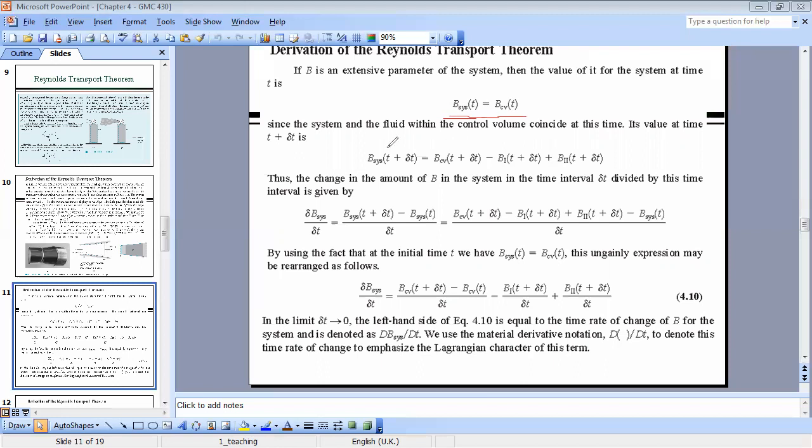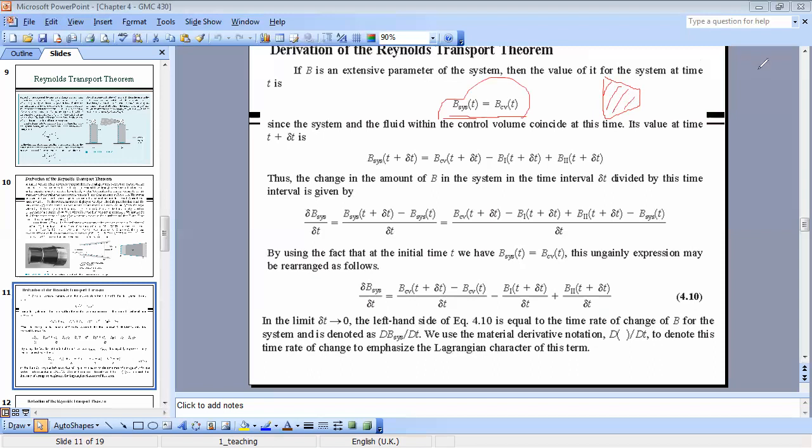Since the system and the fluid within the control volume are coincident at this time, we can start with this condition. But after a certain time delta t, this will not be true anymore. Why? Because this was my control volume, and the particles inside it were considered as my control system.